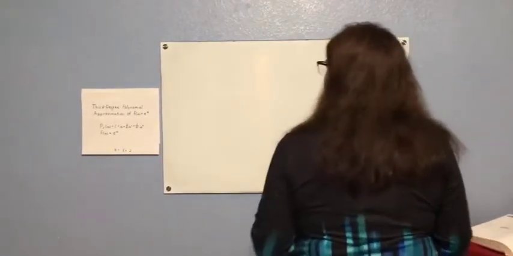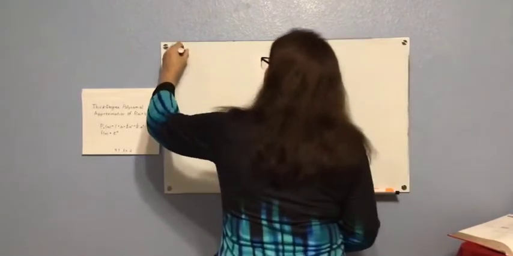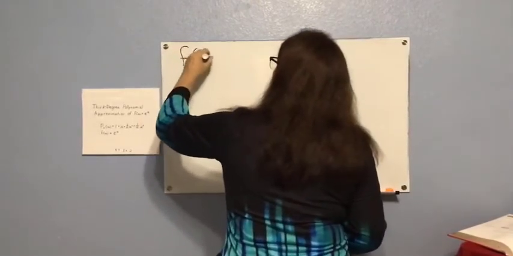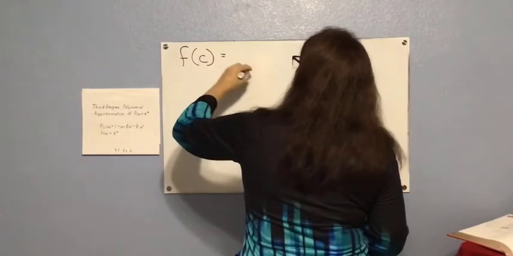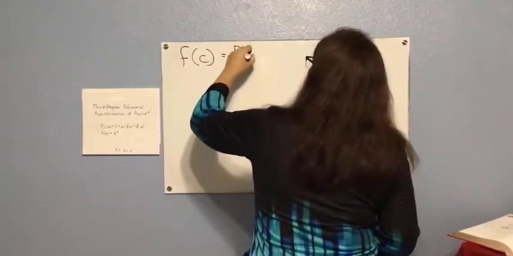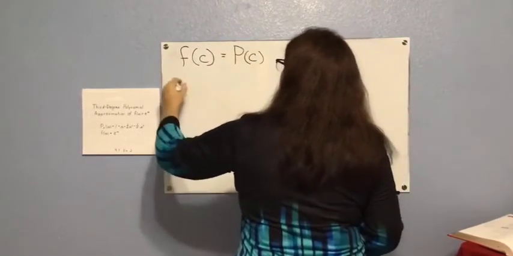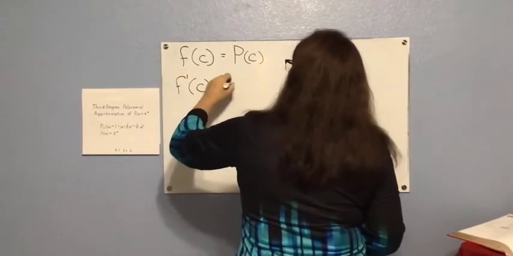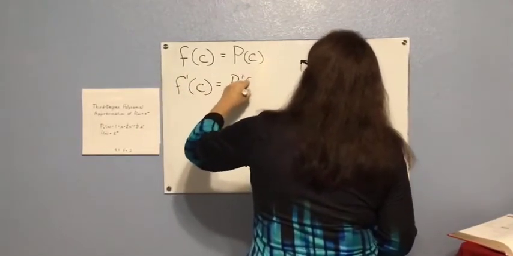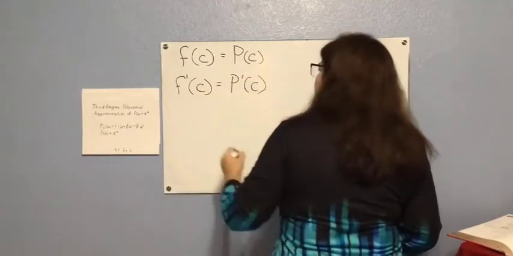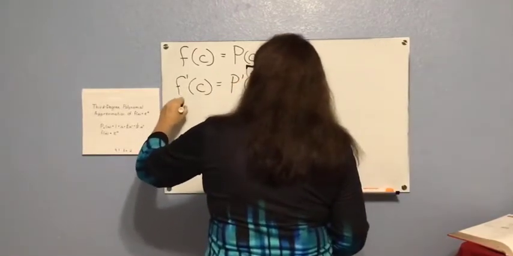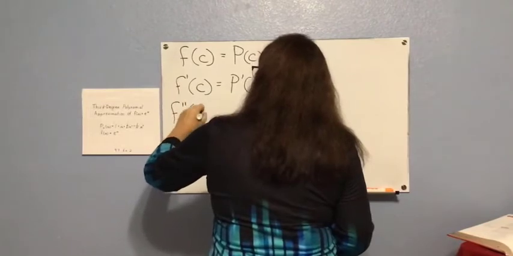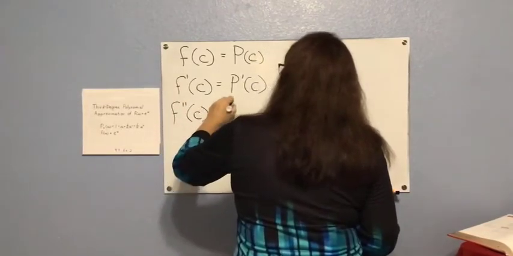In this case, we're going to continue with what we had before, where f of c equals p of c, and that f prime of c equals p prime of c. But we're going to add a third requirement, that the second derivative also has to match.